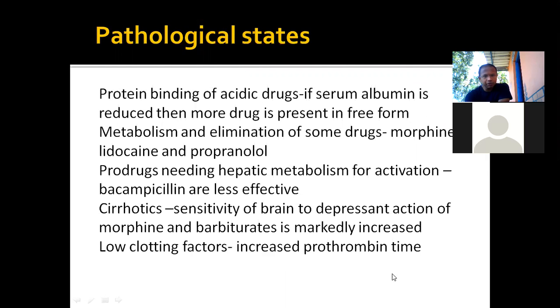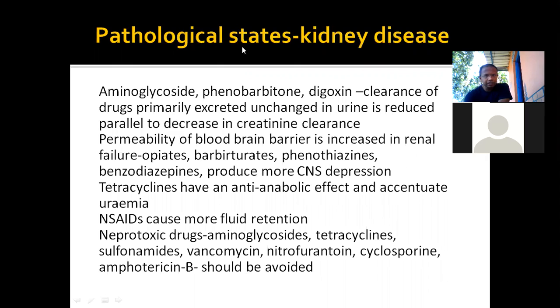Coming to other pathological states, for example kidney disease and nephrotoxic drugs, we should remember amphotericin B and aminoglycosides. The two A's are highly nephrotoxic drugs and should be used with caution in patients with chronic kidney disease. Chronic kidney disease is usually due to diabetes or nephrotic syndrome.